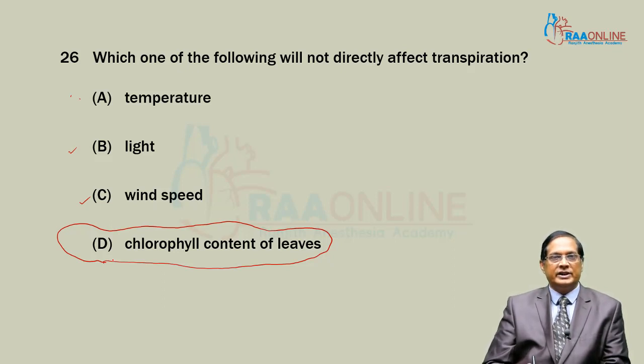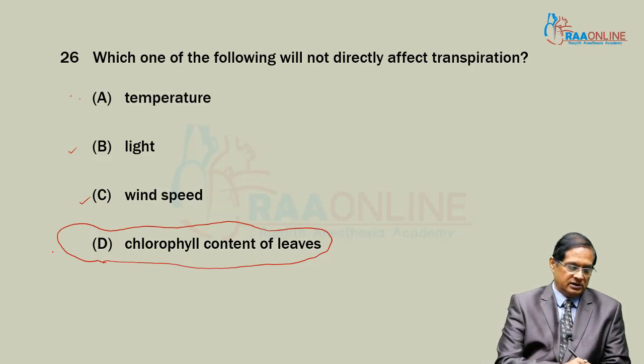Photosynthetic products are water soluble, and guard cells also have chloroplast. If soluble products increase in the guard cell, it definitely favors opening. But there is no relationship of the chloroplast content of the leaf with the rate of transpiration. So the answer is D.